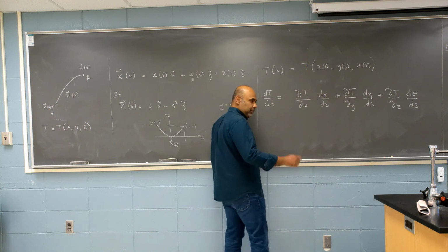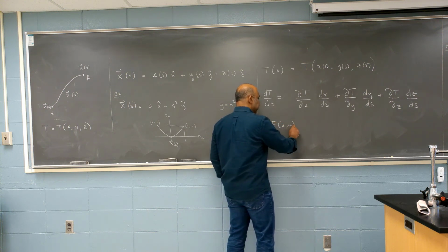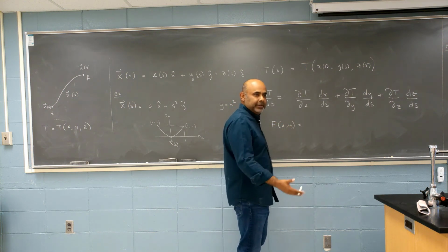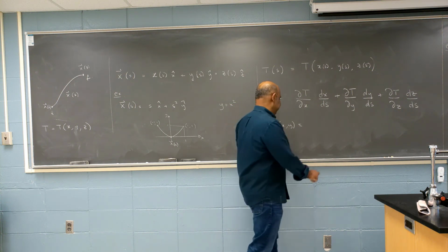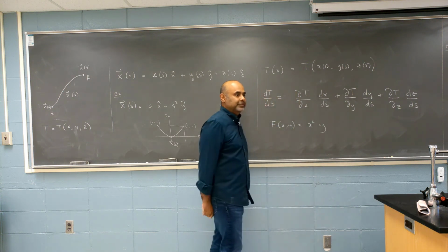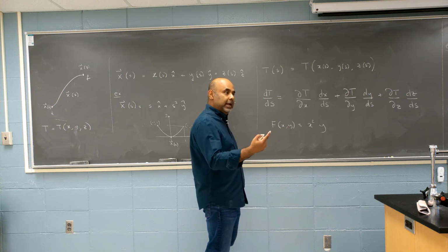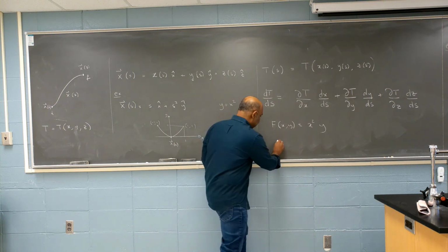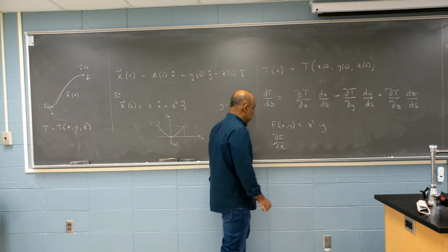Let me give you an example. Suppose I have a function, f of x, y. Give me a good function. Just to distinguish one from the other. Yeah? If I take the partial with respect to x, I write first of all like this. It's a partial derivative, not a total derivative.